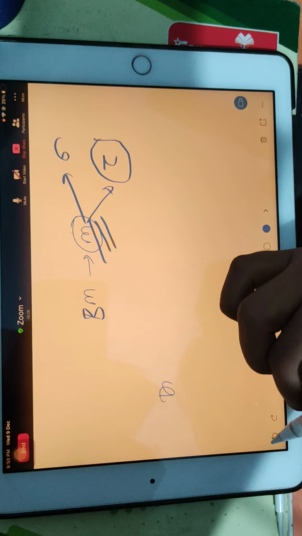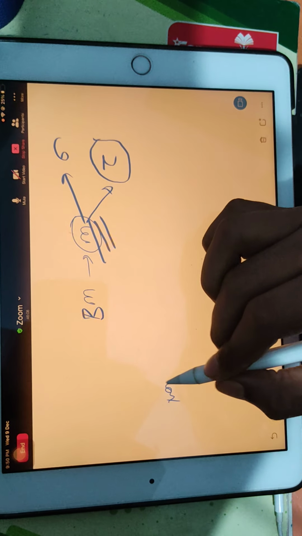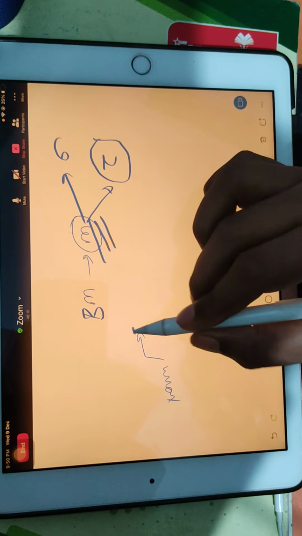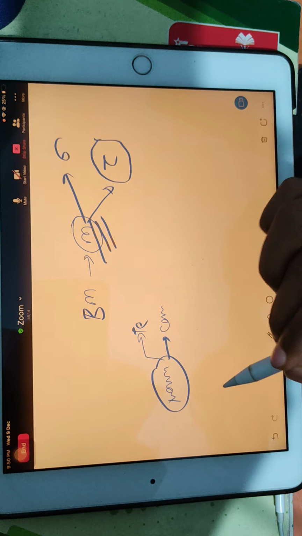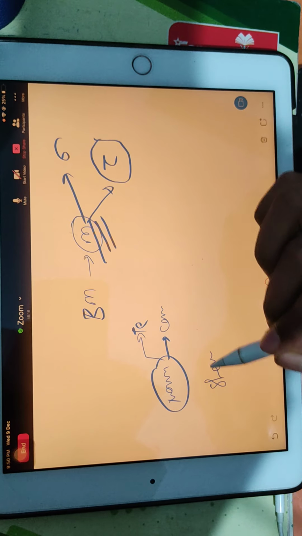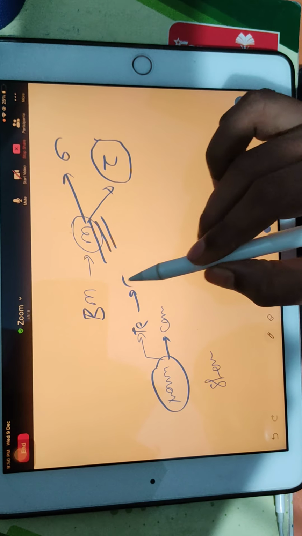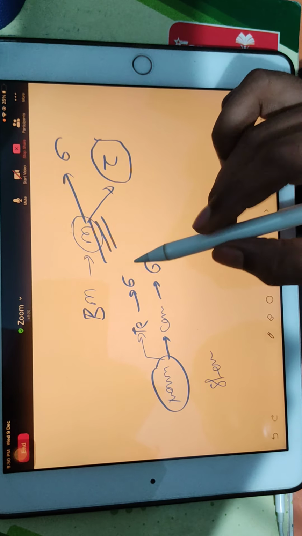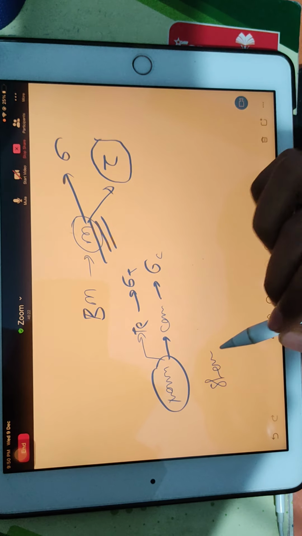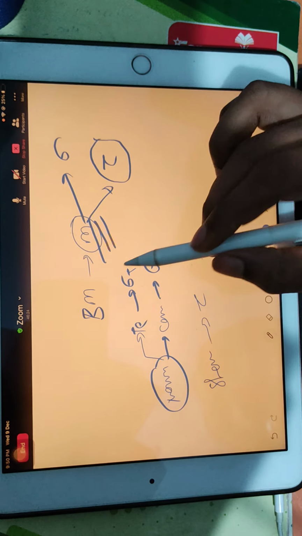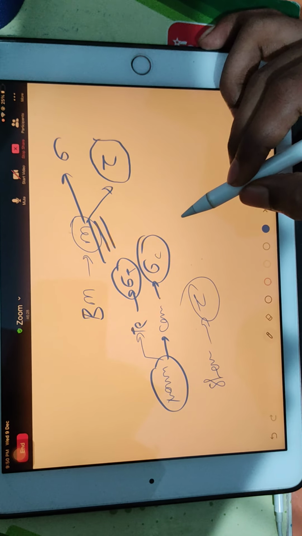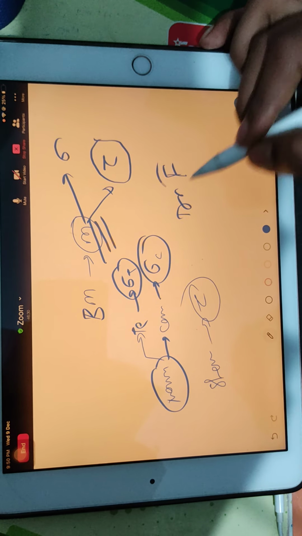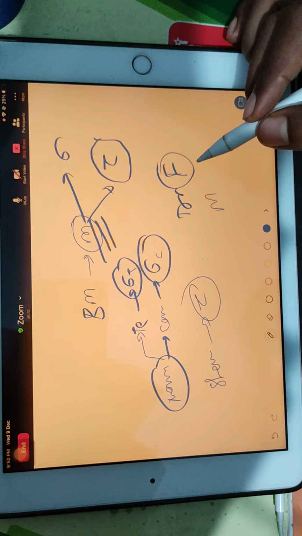I'm trying to say that you have normal stress. Normal stress can be tensile in nature or it can be compressive in nature. Other than this, you have another stress that is called shear stress. So for this we use sigma, for this also we use sigma, sigma tensile, sigma compressive, and shear stress we use tau. All these three stresses can be developed by using direct forces or by using moment also.